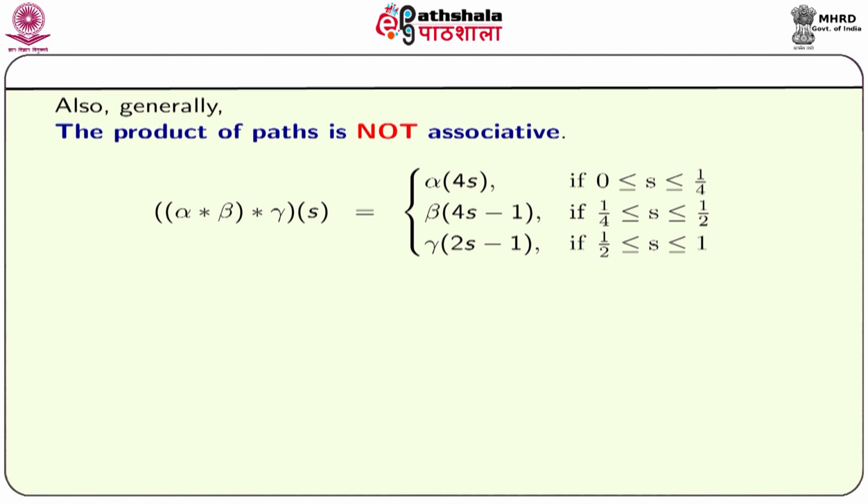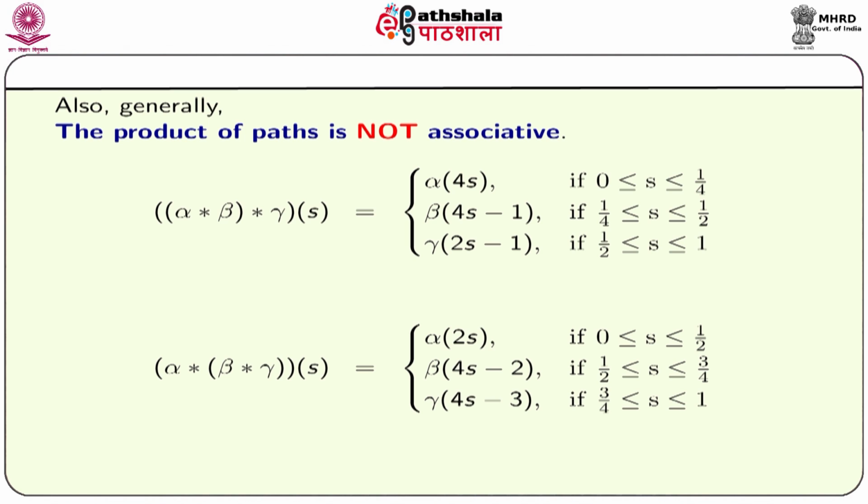In the first half, it should obey the rule of alpha star beta, and in the second half, between half and 1, it should obey the rule of gamma. So, we get ultimately this description of (alpha star beta) star gamma as alpha(4s) when s lies between 0 and 1/4, beta(4s minus 1) when s lies between 1/4 and half, and gamma(2s minus 1) when s lies between half and 1.